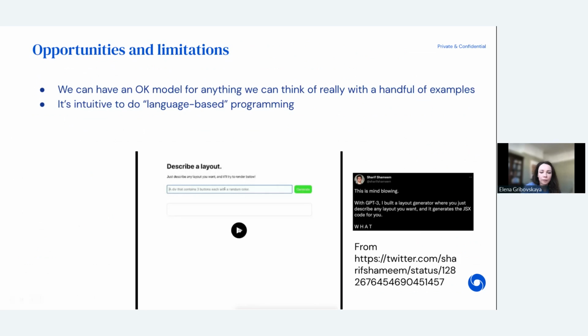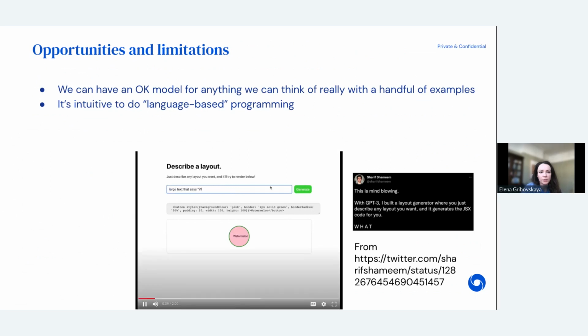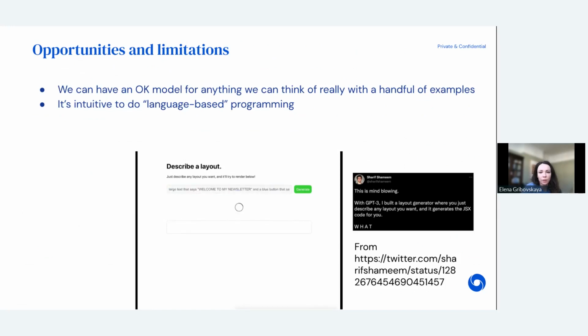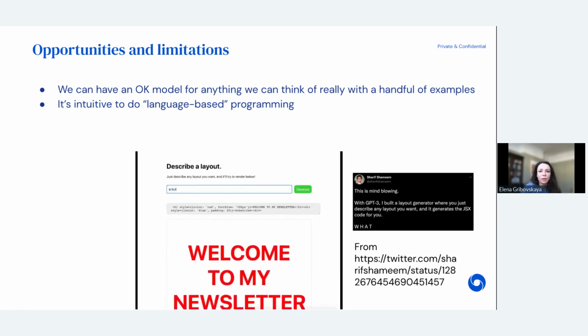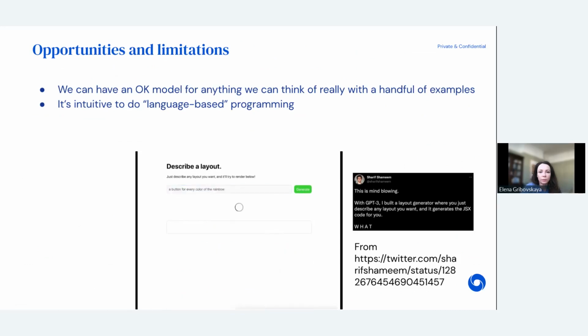So here's another example of how GPT-3 can generate JSX code just based on a text description of what user interface is required. The opportunity here is that we can have a model for anything really through just a handful of demonstrations.